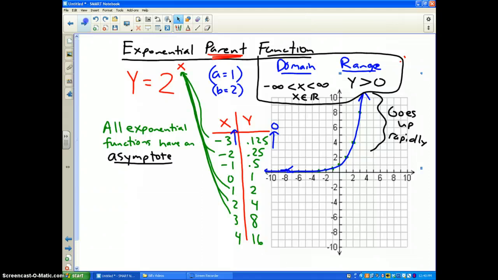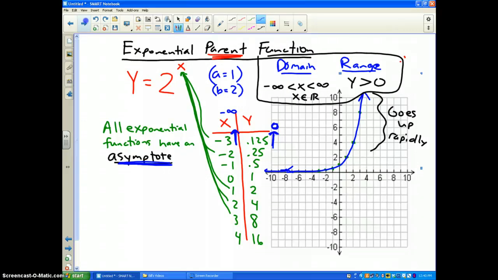Now, another new word for you. As x goes this way, as x gets smaller and smaller, or in other words, as it approaches negative infinity, y approaches 0. That is called, when it approaches a certain limit, an asymptote. What is an asymptote?